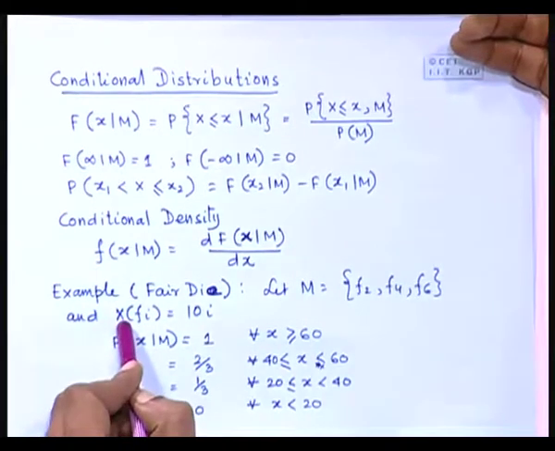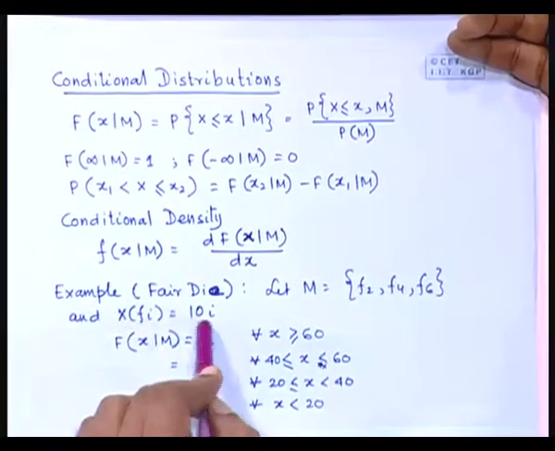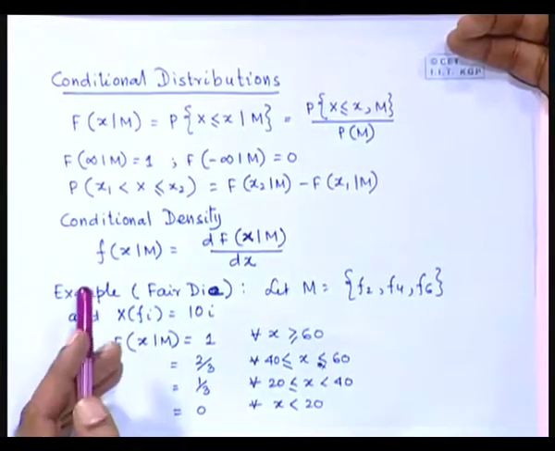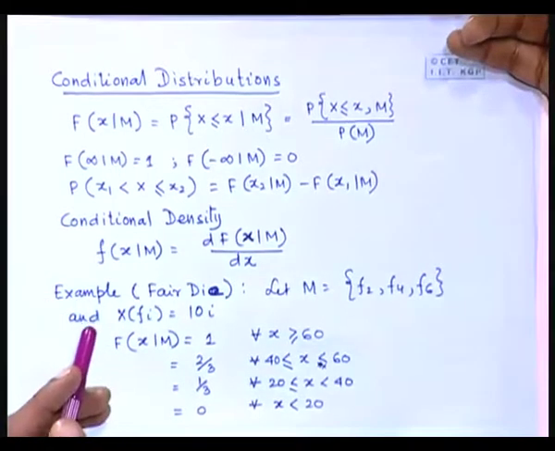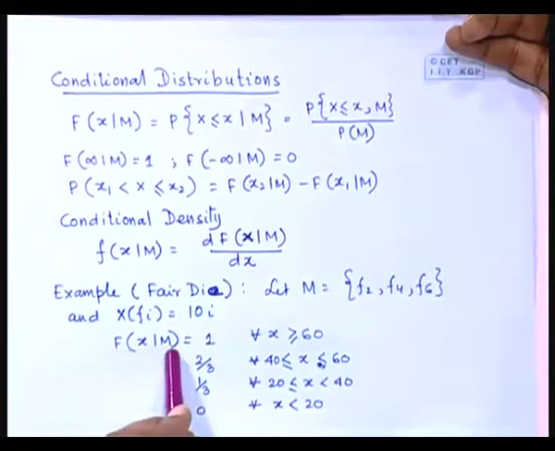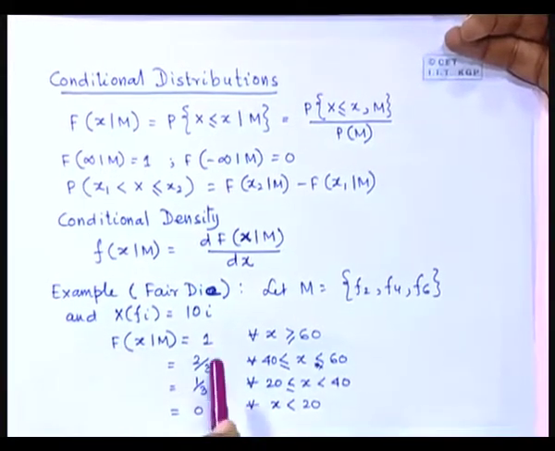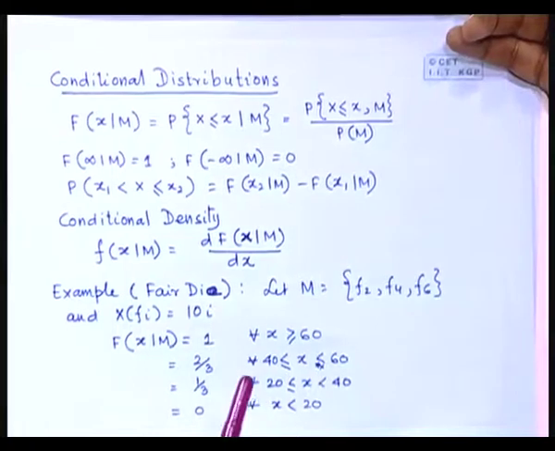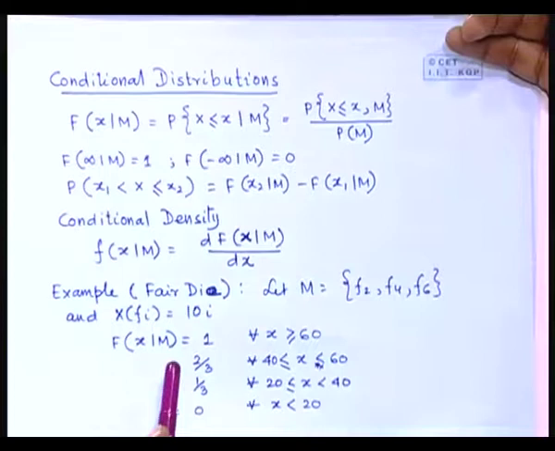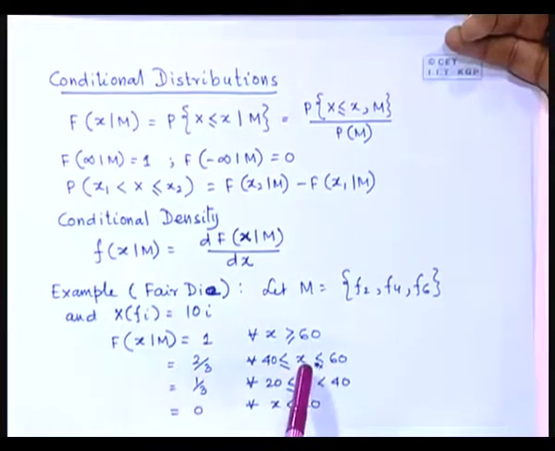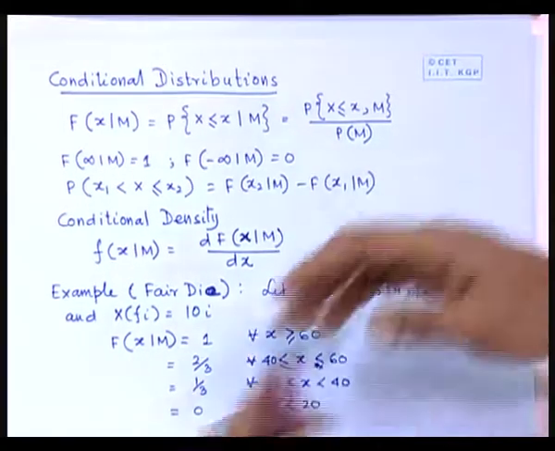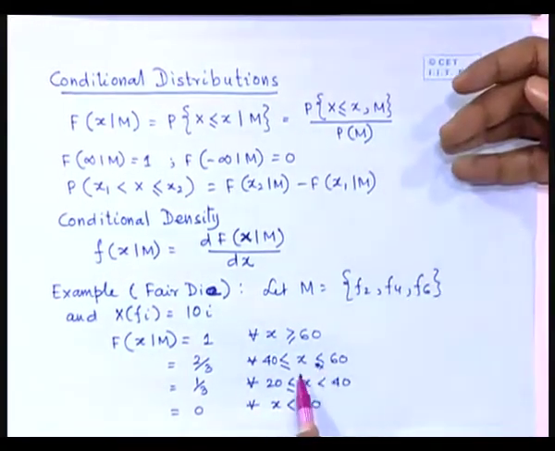Suppose the random variable x is defined as in our previous way, that for every point on the die you get 10 rupees. Now how do you characterize this conditional distribution function? It is 1 for all x greater than or equal to 60, naturally. It is 2/3 for all x between 40 and 60. Why? Because what is the probability that this is what?